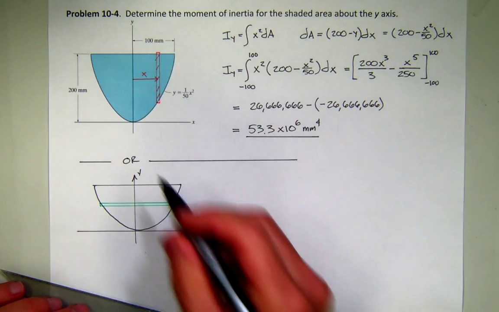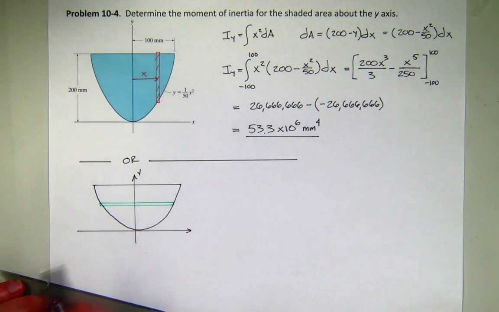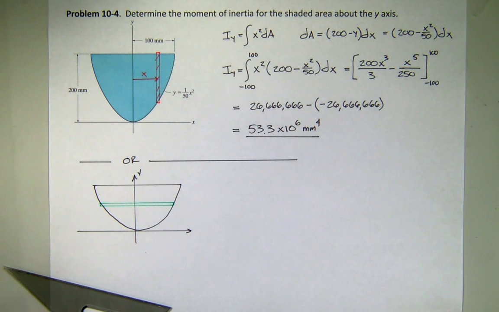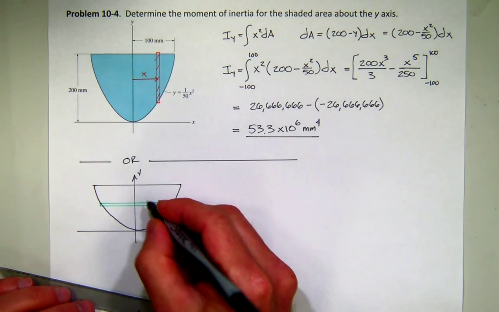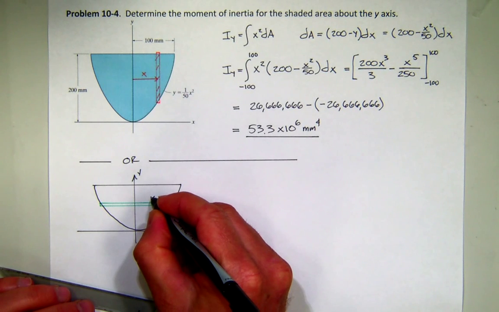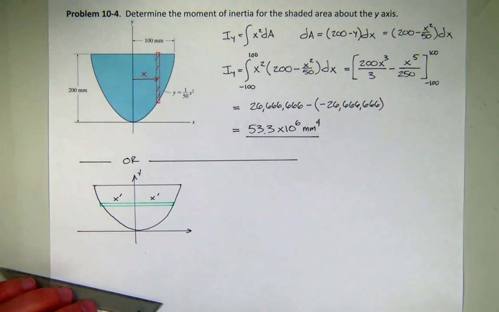And remember, we're doing y bar, so now this becomes kind of that formula that we talked about before. The x cubed dy over 3. Now, given this way, I've got an x distance here and one on this side, another x distance there.